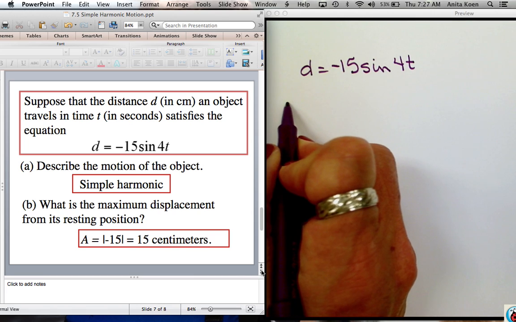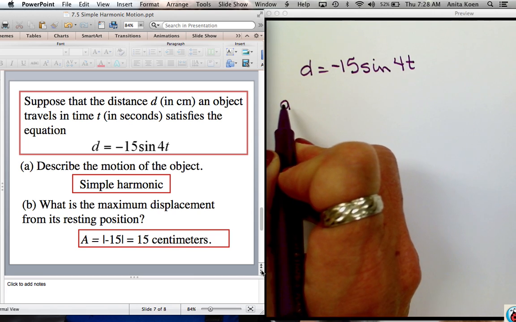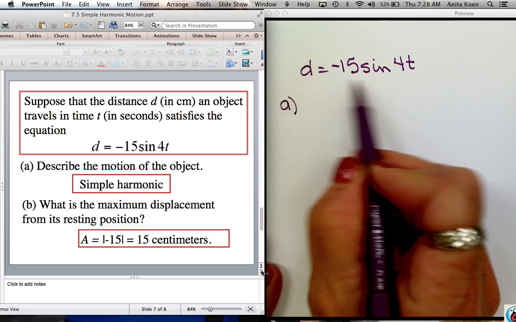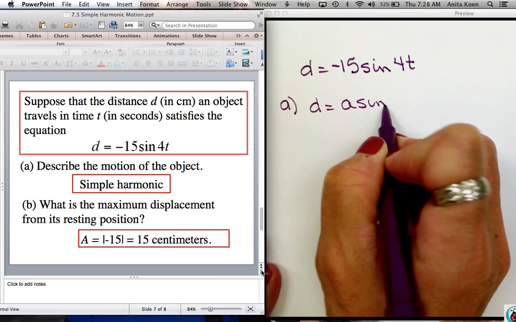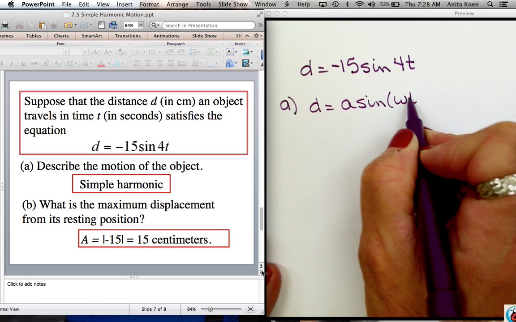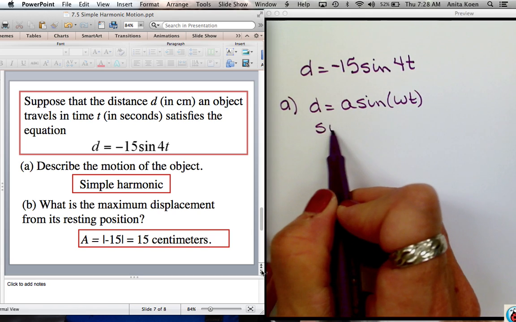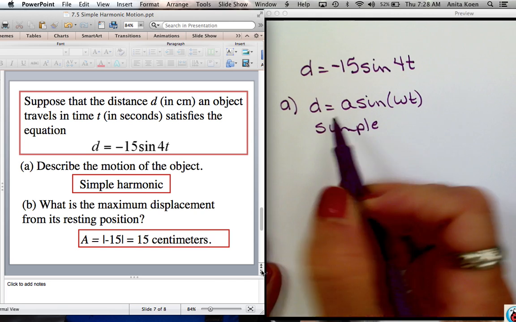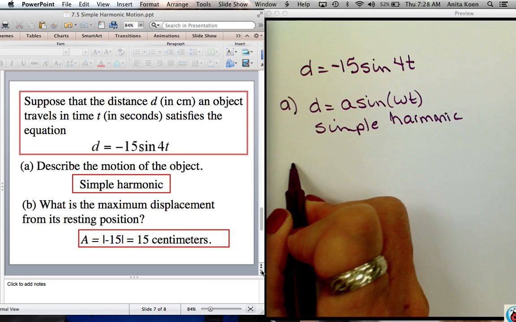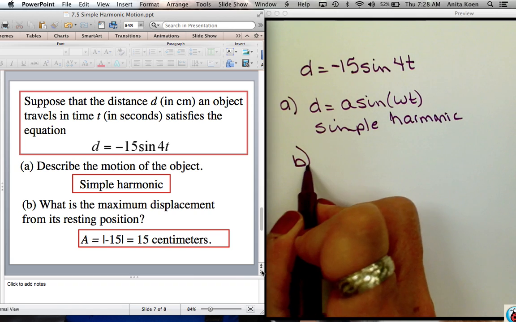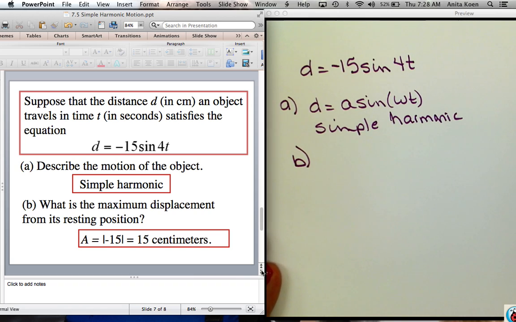Letter A asks us to describe the motion of the object. Well, because this is of the form d equals a sine omega t, I know this is simple harmonic motion. Letter B asks, what is the maximum displacement from its resting position?